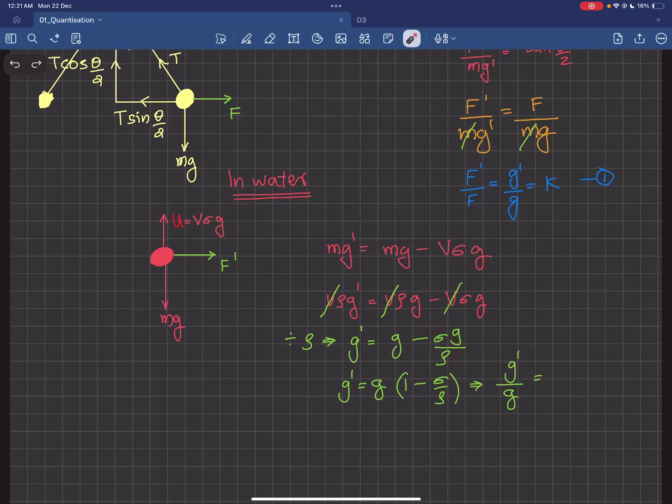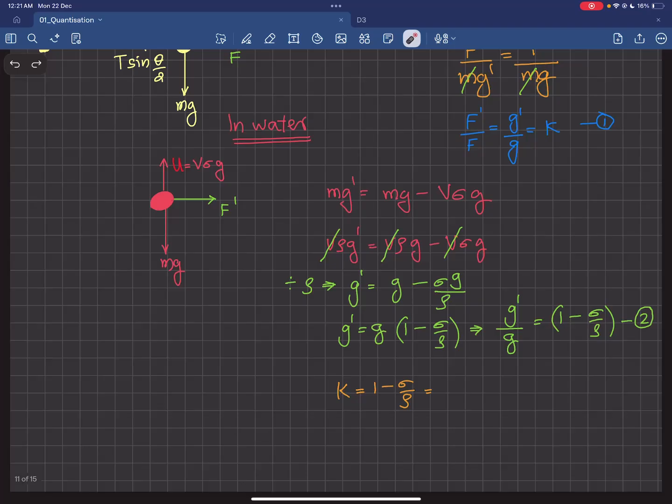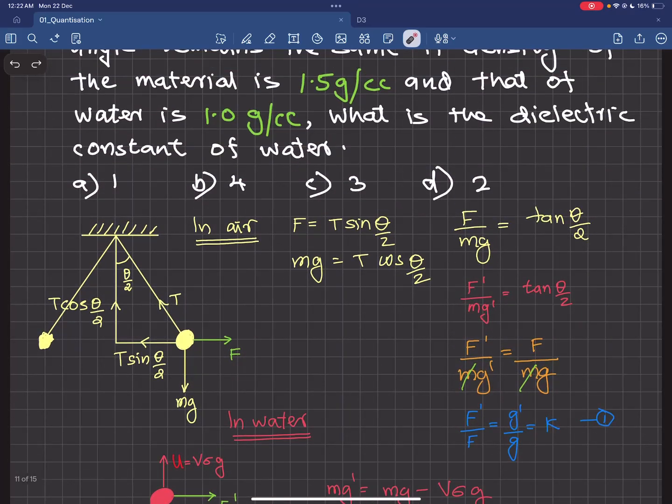Rearranging to get g dash divided by g, which we are looking for, equals 1 minus sigma divided by rho. Comparing this with this, we got an expression for K in terms of the densities of water and the steel ball. So K equals 1 minus sigma divided by rho. Sigma stands for density of water. Rho stands for density of steel ball. The calculation gives you 3. So the dielectric constant of water is 3.